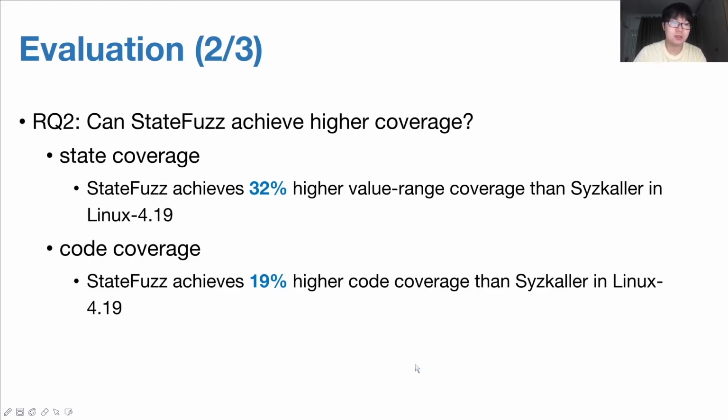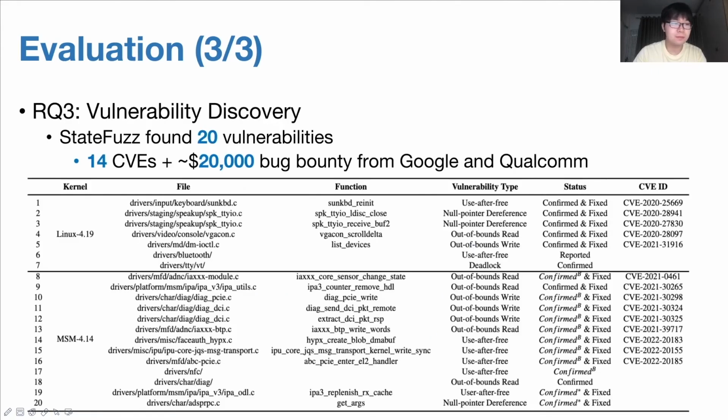More details are shown in our paper. In summary, a total of 20 vulnerabilities are found by StateFuzz. We reported all these 20 vulnerabilities to developers, and 19 of them are confirmed. Among the 19 confirmed vulnerabilities, 14 are assigned CVE IDs.